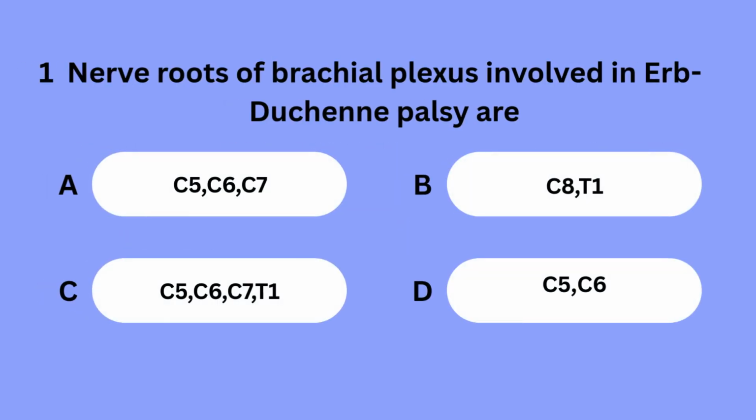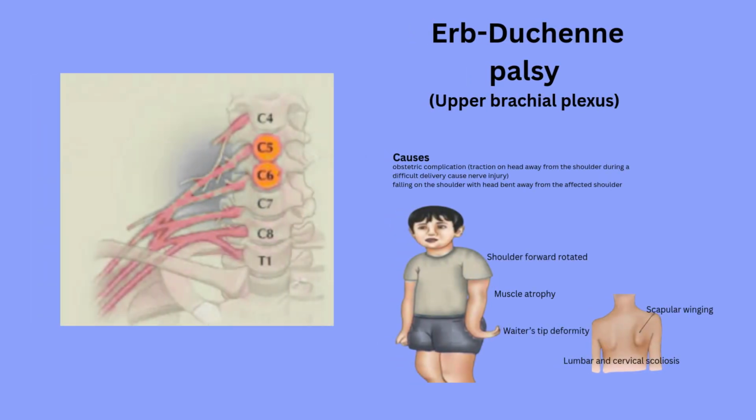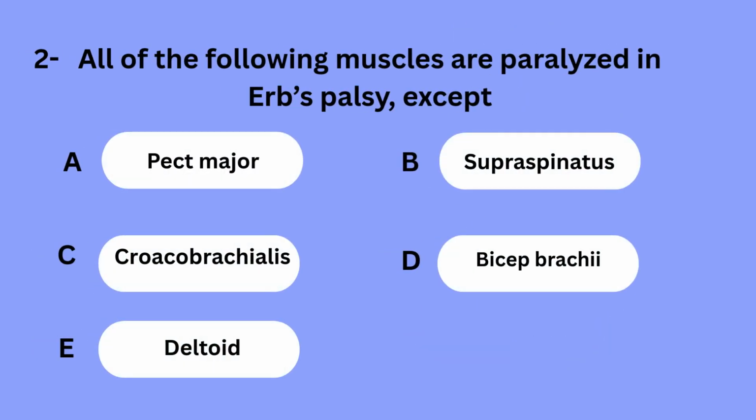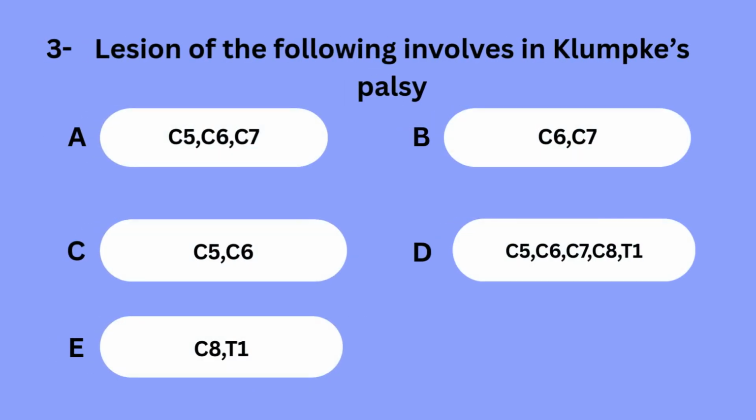Nerve roots of brachial plexus involved in Erb's palsy are... All of the following muscles are paralyzed in Erb's palsy, except... Lesion of the following involves in Klumpke's palsy.